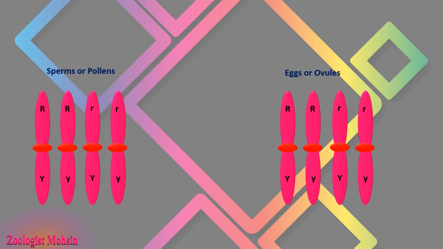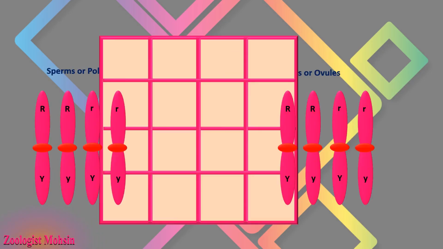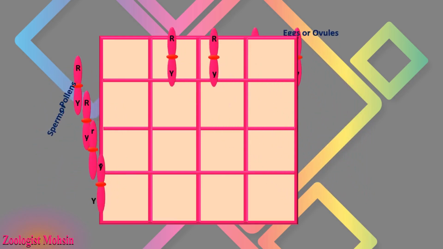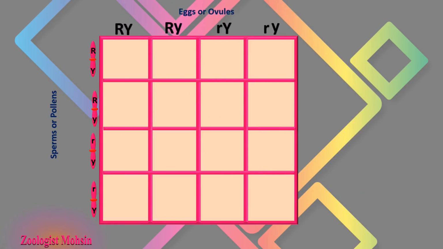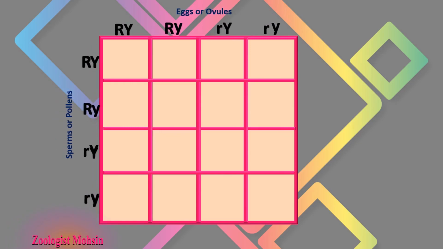Now we need a bigger table to draw or predict the possibility. We take just these chromosomes of eggs and pollens on either side of the Punnett square and extract the alleles for convenience so that we may make the combinations easily. Now we have to check the possibility in the offspring, how many will have one possibility and how many will have the second possibility.